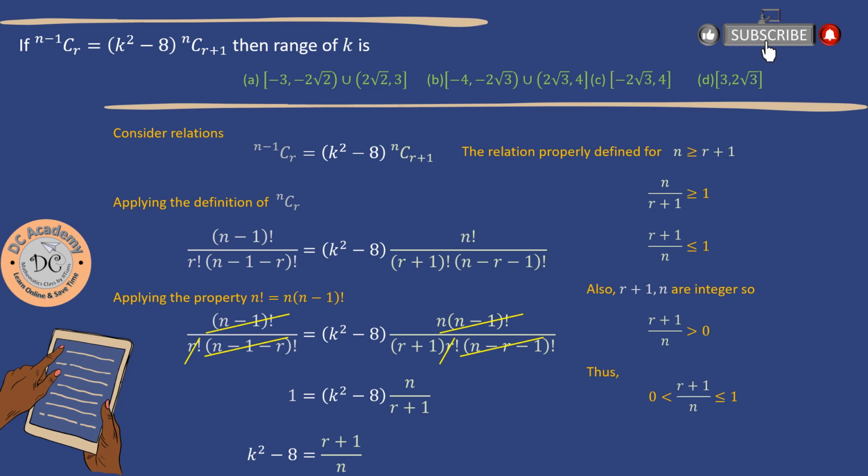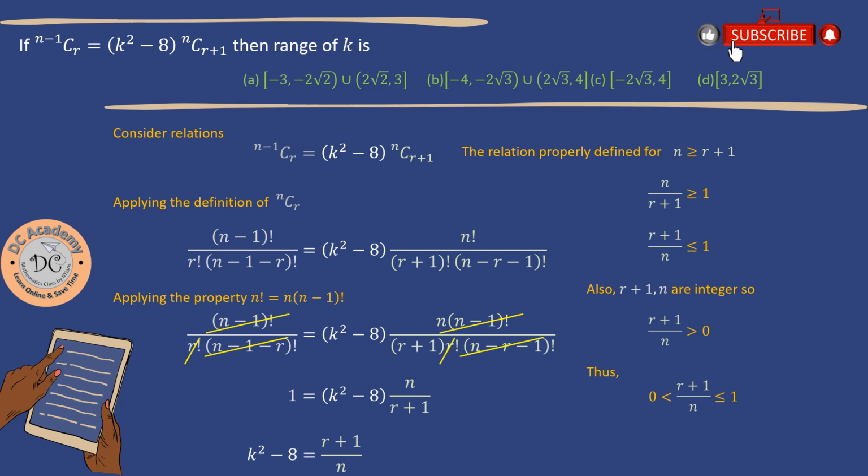Now why should it not be 0? Why do we consider it as an open interval? That's the concept. Because n cannot be equal to 0; if n is equal to 0, it's not properly defined. Also, r plus 1 cannot be equal to 0, because if r plus 1 is equal to 0, r is equal to minus 1, and then n minus 1 CR is not defined.